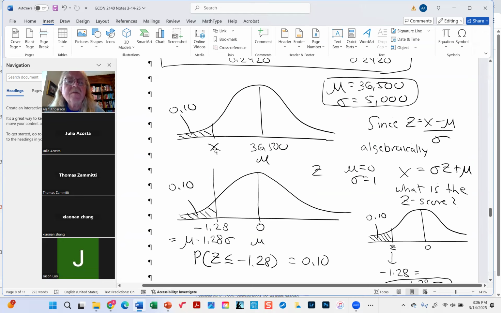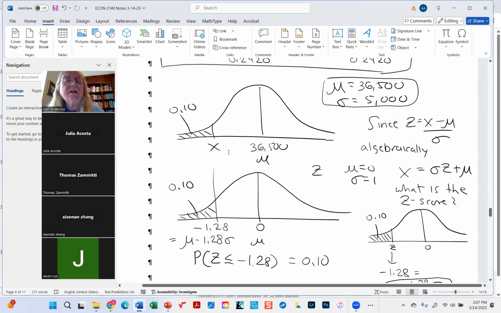X represents the number of miles such that 10% of the time, the number of miles is less than X. So think of it as the bottom 10% of this distribution. So we want to choose X to make sure that no more than 10% of our customers will require a replacement. Well, there's a couple of ways we can get to this point.